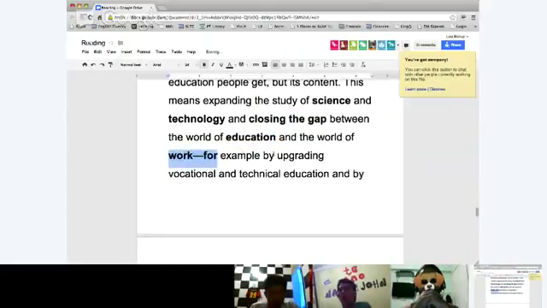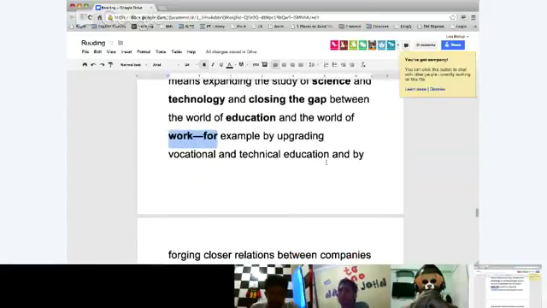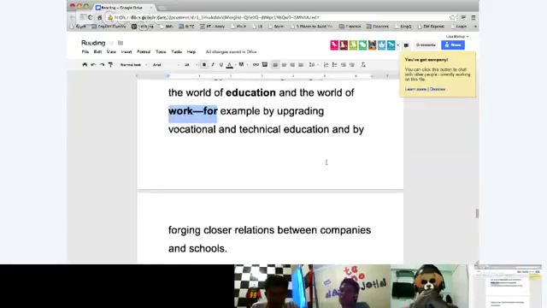So what businesses need, the education system needs to provide. For example, if businesses need more people who know science and technology, then the educational system should be providing that.